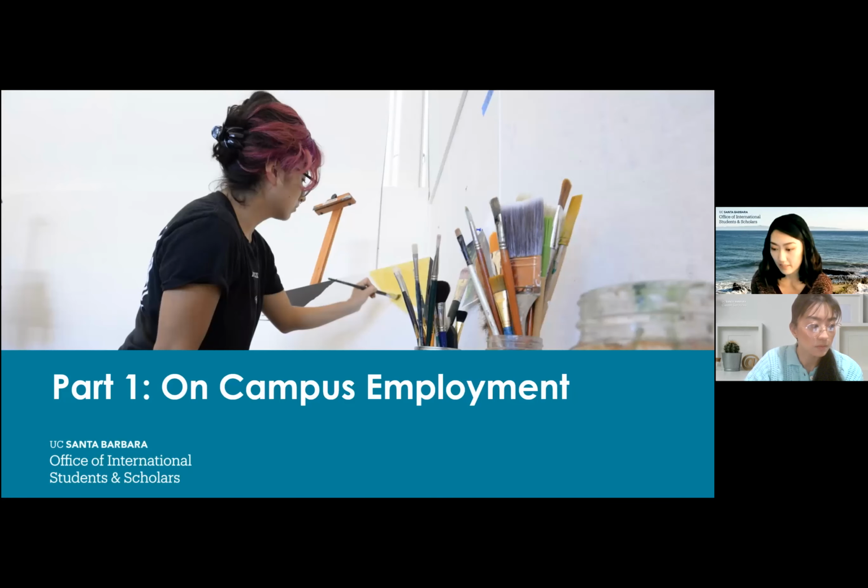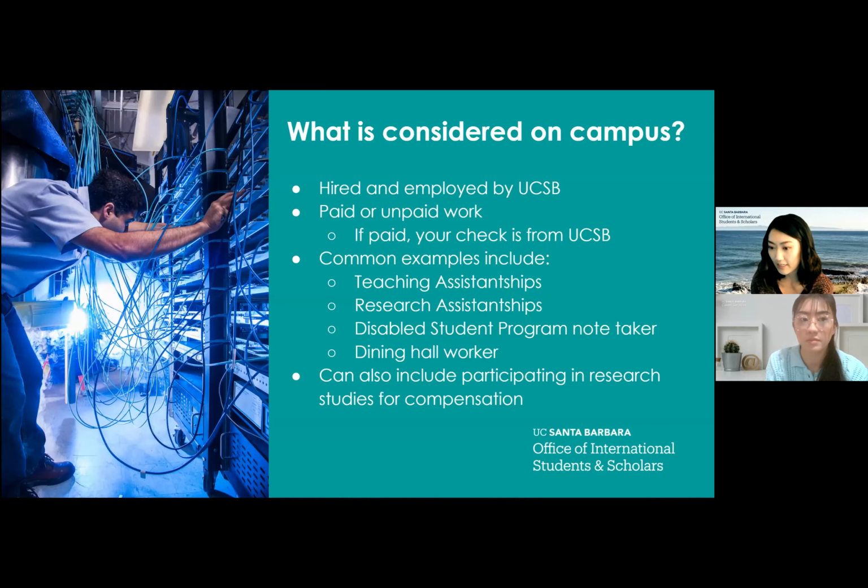We'll start with the first part being on-campus employment. And our question is, what is considered on-campus employment? So if you were hired and employed by UCSB, that is very much so considered on-campus employment. If the work is paid, then that means your paycheck will be coming from UCSB.